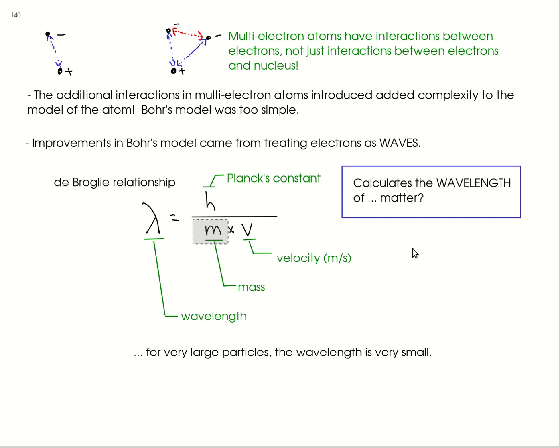So what this says is, as the mass of the particle goes up, the wavelength, which is essentially the wave behavior, goes down. So when a particle's size gets really large, like, say, tennis balls, human beings, even maybe protons, the wavelength ends up being really, really small.